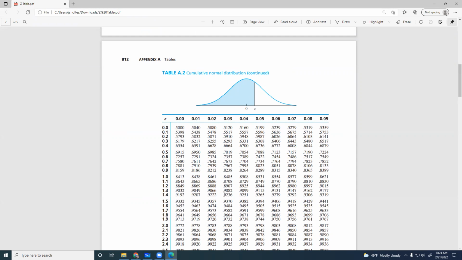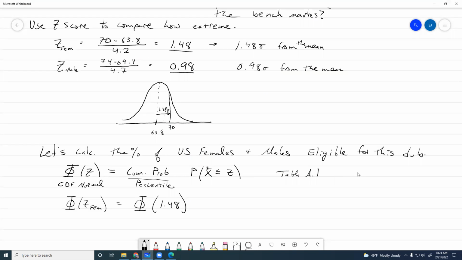So 1.4, and then we go across to 8. 1.48 gives 93, we'll just say 93%. So this means that 93% of female heights fall below that, and so 7% are eligible.